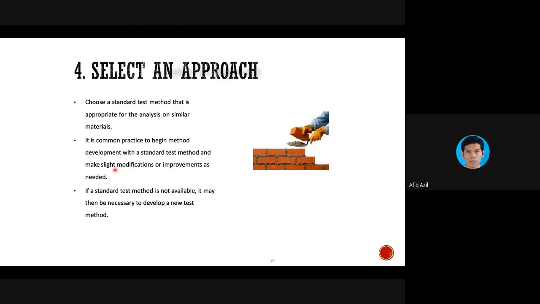So if a standard test method is not available, then only it is necessary to develop new methods. But always try to avoid this. Normally we will try our best to have a standard test method first before venturing into developing a new test method, because this requires full validation of your test method.